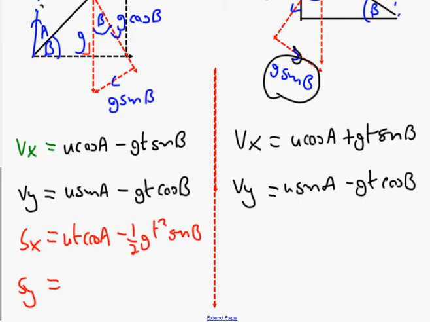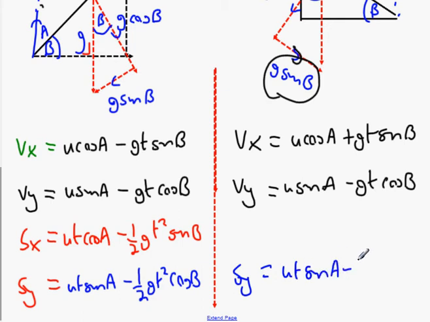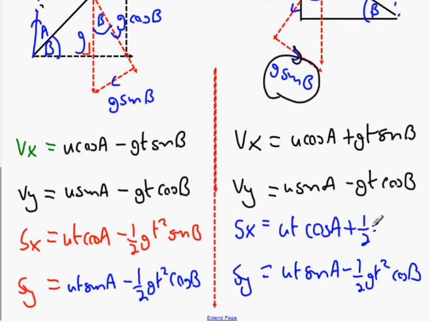Your next one is going to be ut sine a minus a half gt squared cos b, and this sy is exactly the same: ut sine a minus a half gt squared cos b. And sx, anybody? ut cos alpha plus a half gt squared sine b.